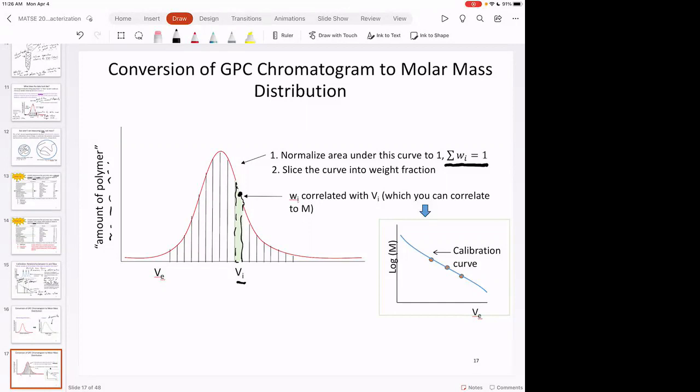And then what we do is, once we slice this curve up into small sections, that is a weight fraction. And it's a weight fraction with a certain molecular weight.